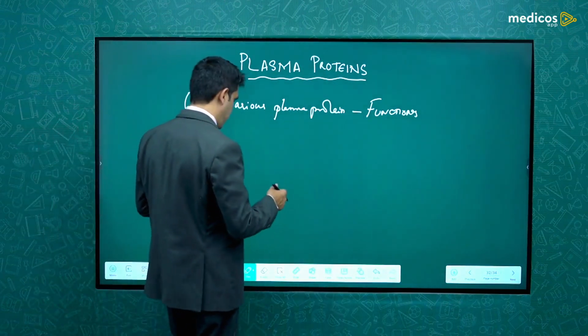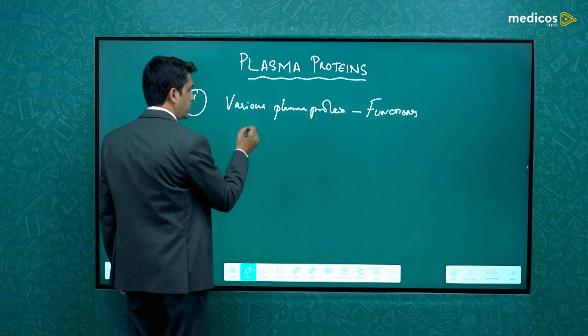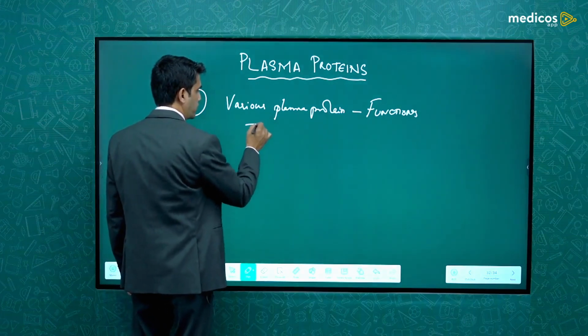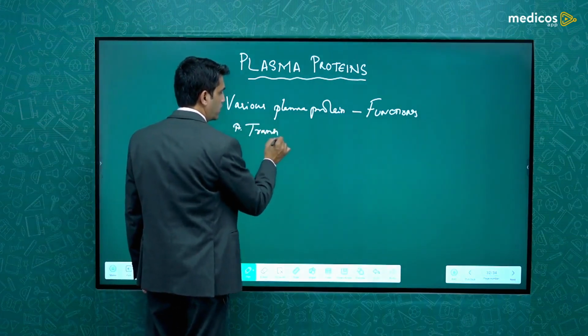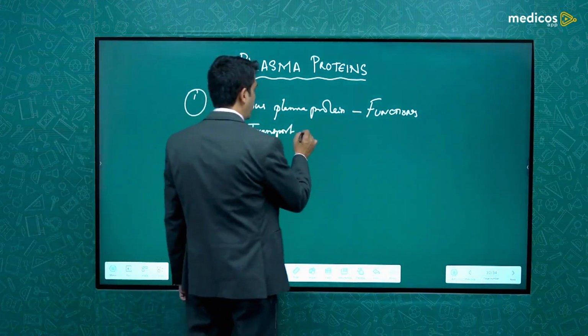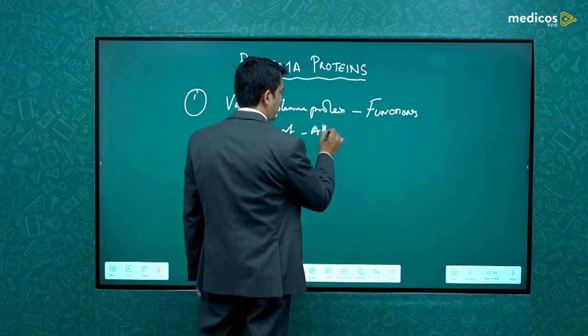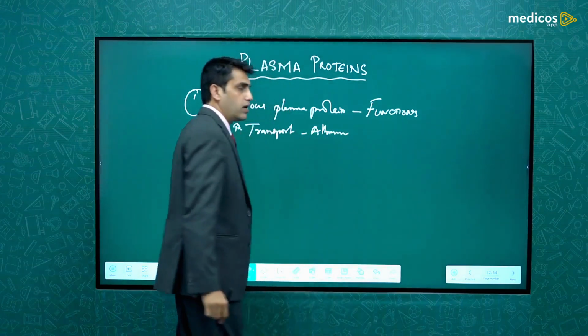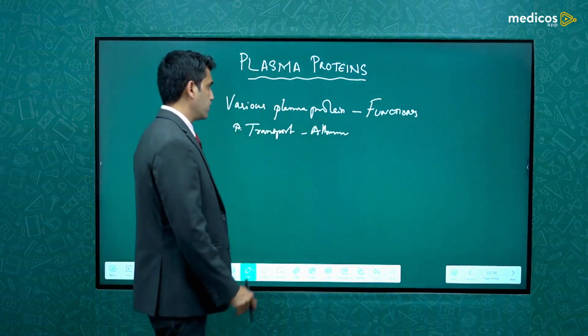Now, the most important plasma proteins are our transport proteins. Transport proteins are required for transport, like albumin, which transports almost everything.